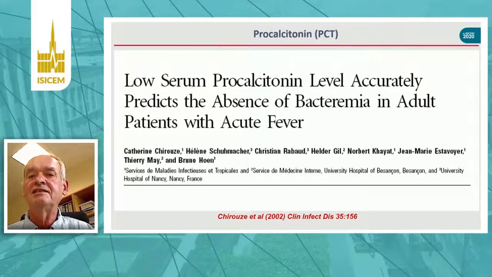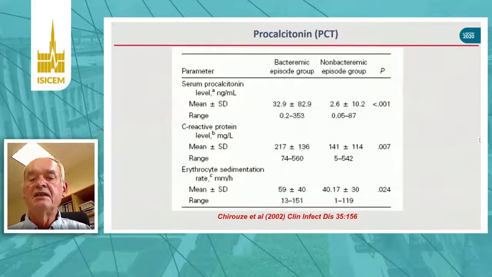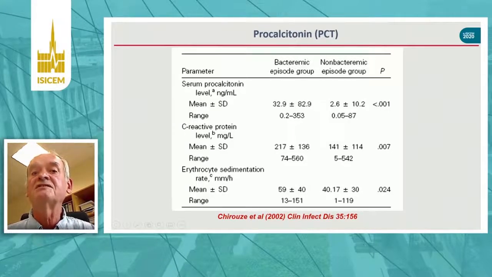Can PCT tell us if the patient has a bacteremia or not? And here you see also two other biomarkers, CRP and even the old erythrocyte sedimentation rate, all with significant differences between the non-bacteremic and the bacteremic group, which was validated by blood cultures.